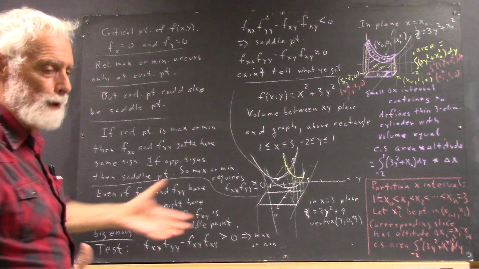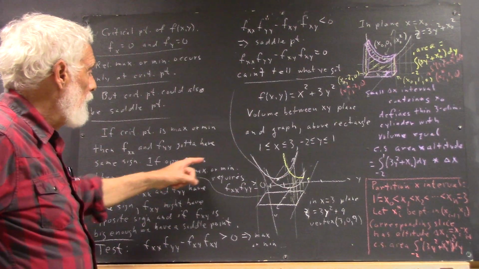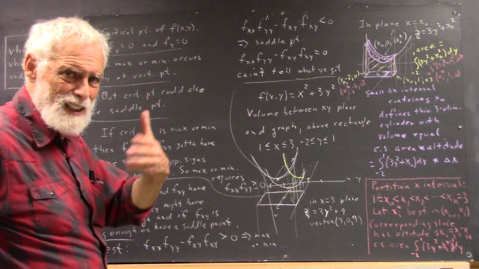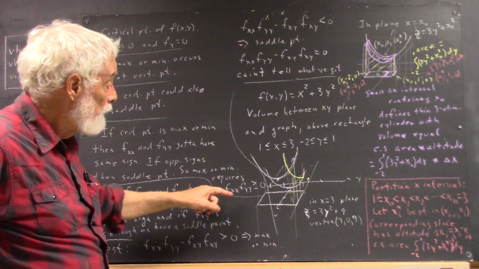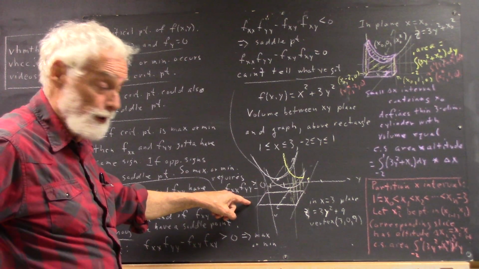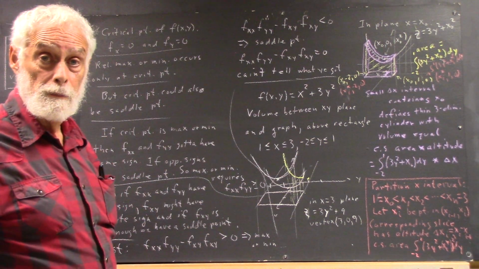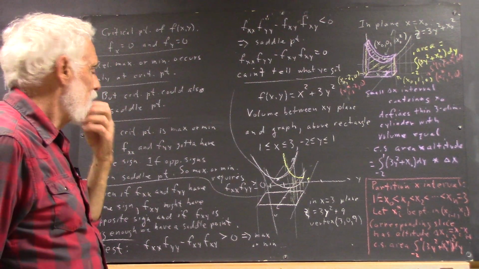Now, we make a big jump and make a sort of mathematical statement here. A max or min then requires that f_xx times f_yy, your second partials with respect to x and y, when you multiply them, is greater than or equal to 0. Now at this stage, I said, well, why is that?